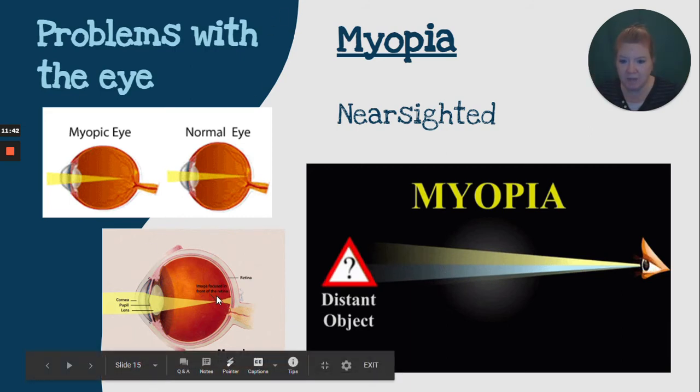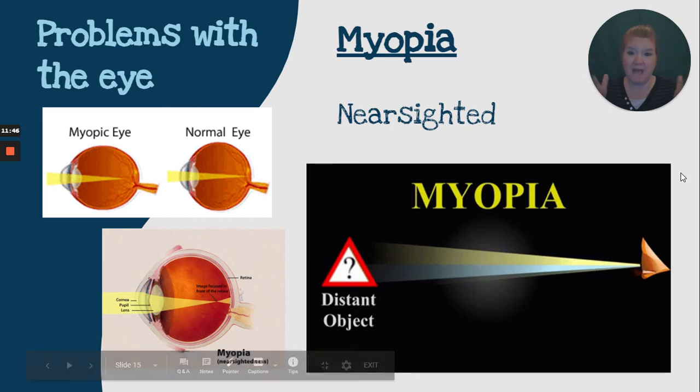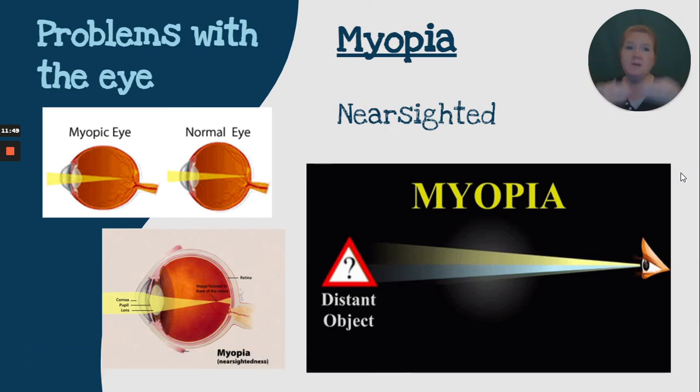So what happens right here is the light gets focused not on the retina, it gets focused in front of the retina. And so your vision is blurry because it's not focusing in the right spot. Now, the reason that you end up seeing near well is because remember the lens changes shape when you see things near. So that kind of counteracts the issue with the enlarged shape of the eye.